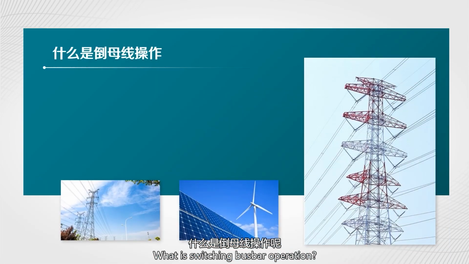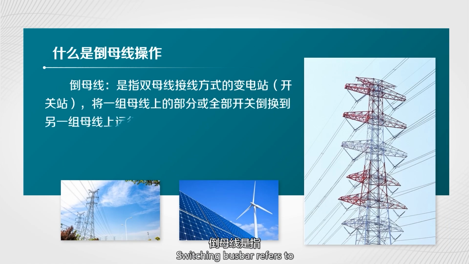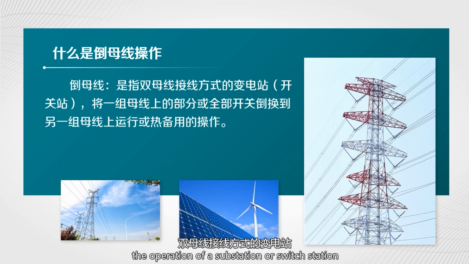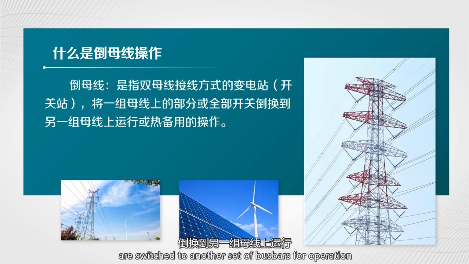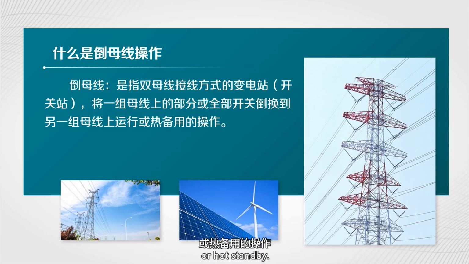What is a switching busbar operation? Switching busbar refers to the operation of a substation or switch station with a double busbar connection method, where some or all switches on one set of busbars are switched to another set of busbars for operation or hot standby.